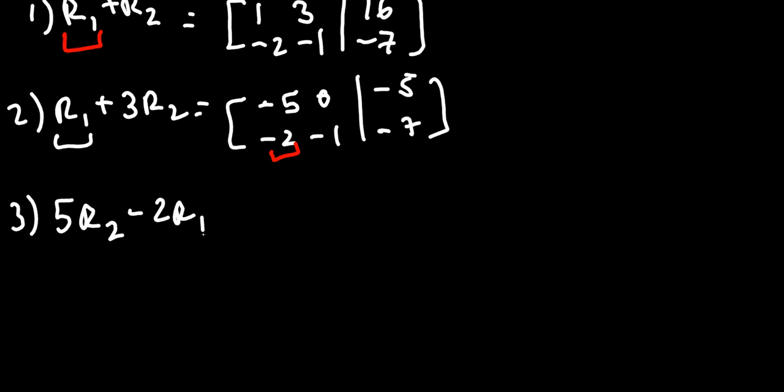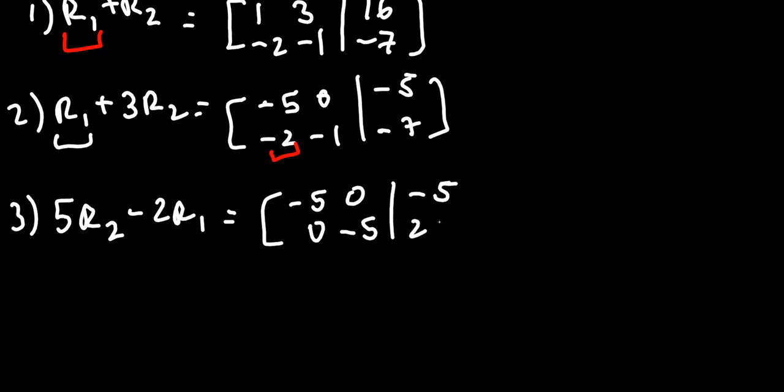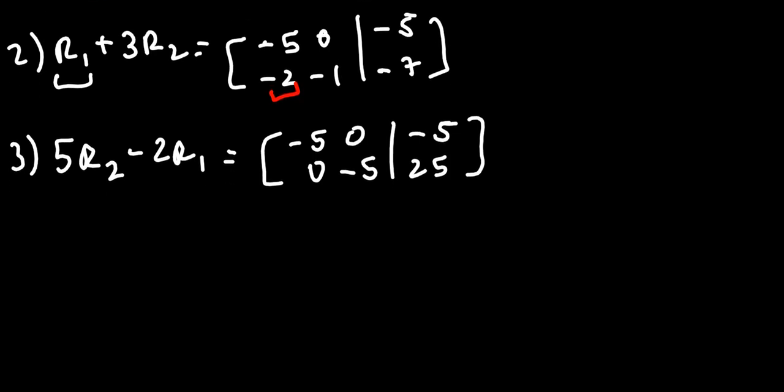So we're going to be left with -5, 0, 0, -5, -5, and 25. Okay.